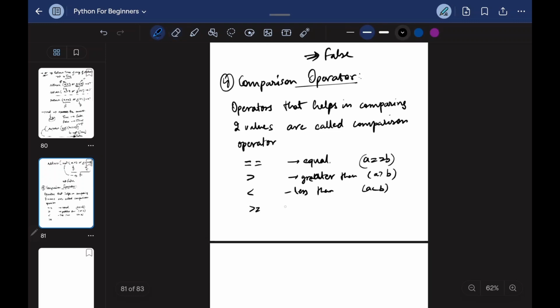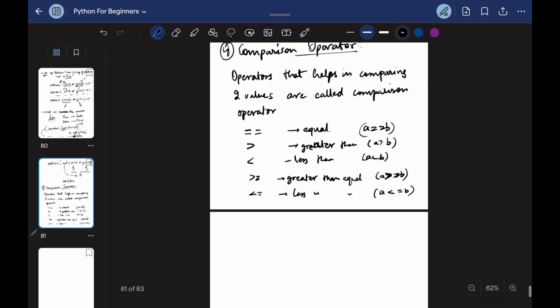It will take a little bit of time to write greater than equal. You can use it as a greater than equal to b. Then we have less than equal to, so a is less than equal to b.